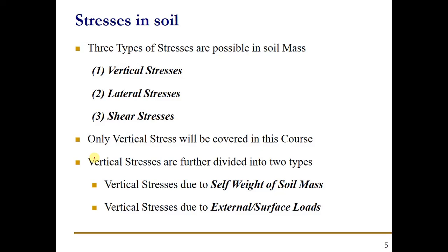Three types of stresses are possible in soil mass: vertical stresses, lateral stresses, and shear stresses. Only vertical stresses will be covered in this course. Vertical stresses are further divided into two types: vertical stresses due to self-weight of soil mass, and I will add water as well, and vertical stresses due to the external surface loads such as point loads, line loads, strip loads, rectangularly loaded area, and the circular loaded area.